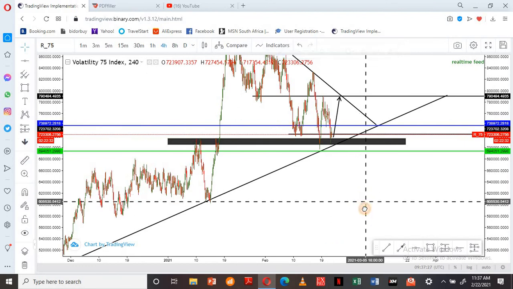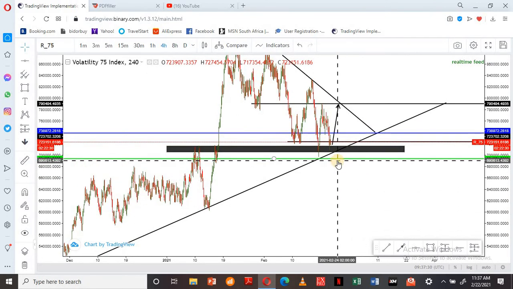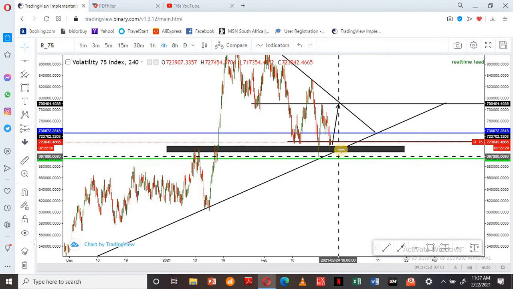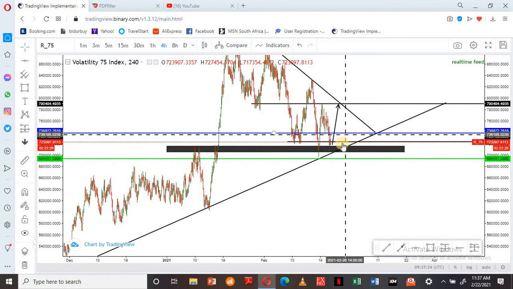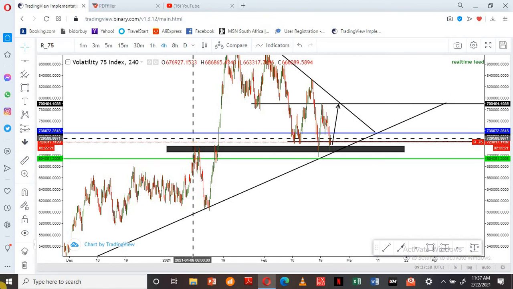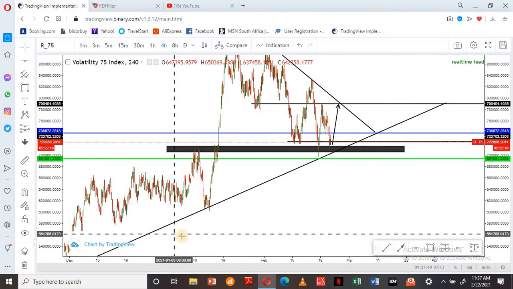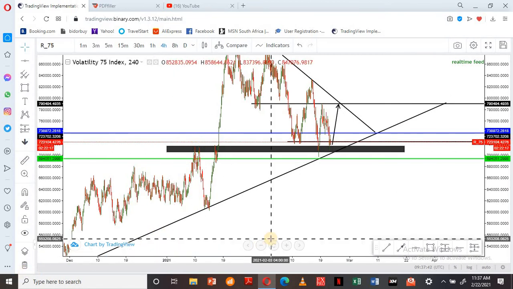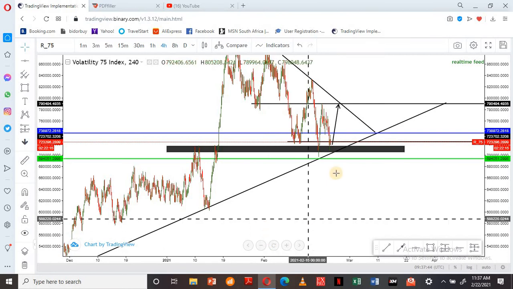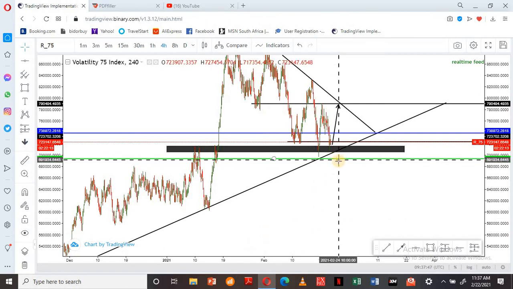Now you can only do this if you are going to have a busy day or week and you don't have time to monitor the market. But if you have time, you can sit and watch your charts, you just need to have the patience.